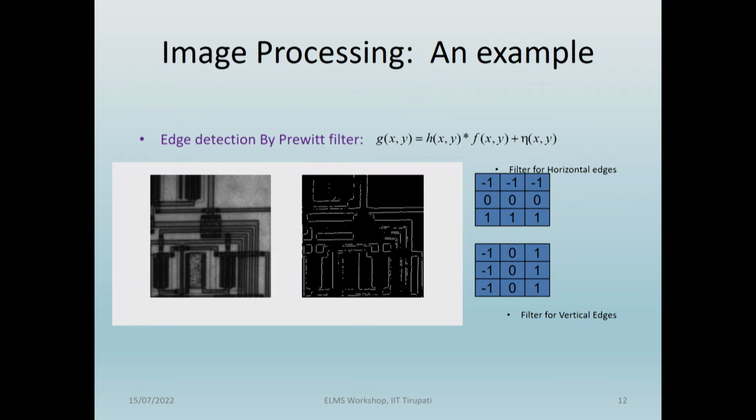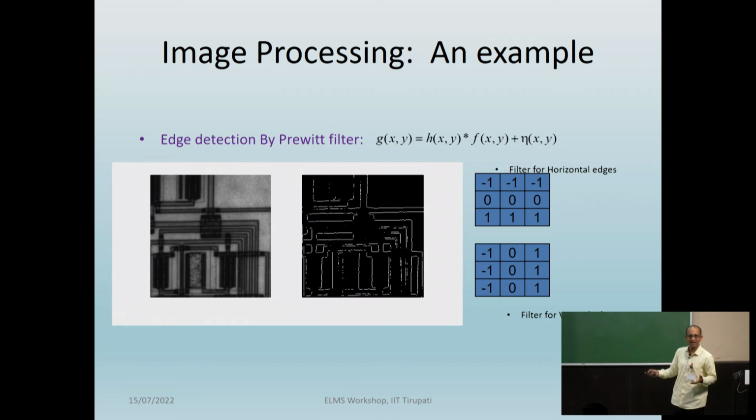What are we doing here? Essentially, we are doing the convolution of this kernel. We consider this as the impulse response of the system, and this is the input image. The input image is passed to this system and you get the output as this.